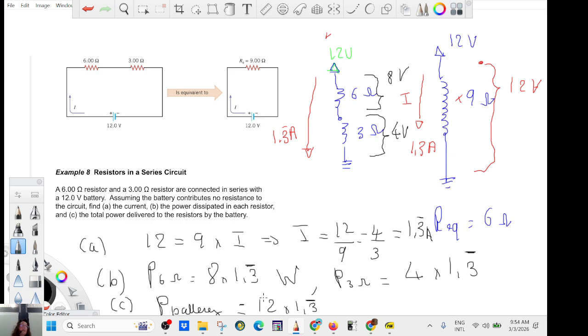Does it make sense? So it's conservation of energy. The power supply providing that amount of energy is going to be the power consumed by this one plus the power consumed by that one. So it's conservation of energy.